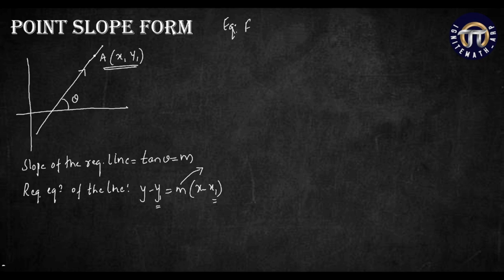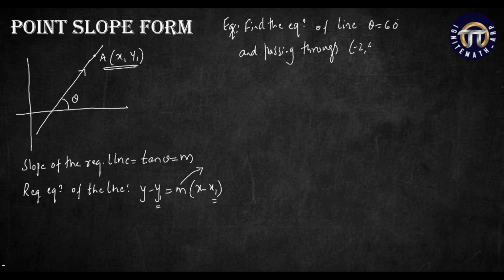Find the equation of the line whose inclination is 60 degrees and passing through the point minus 2 comma 5.